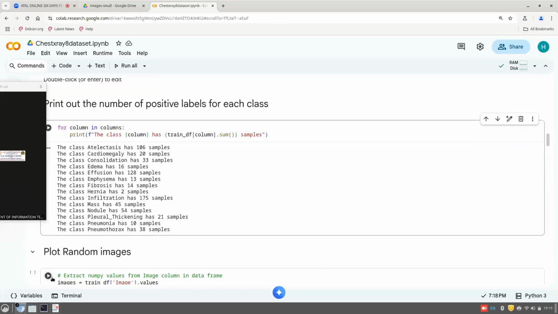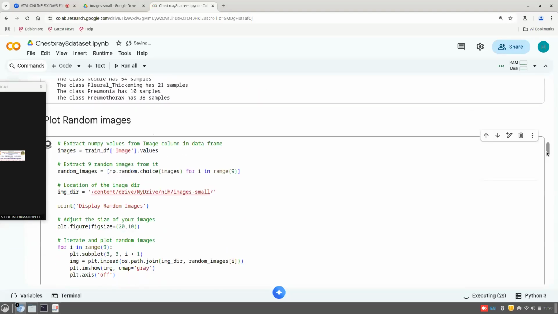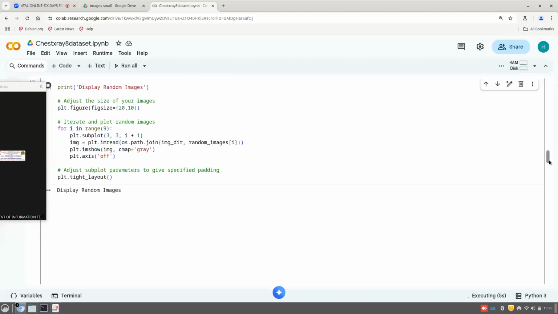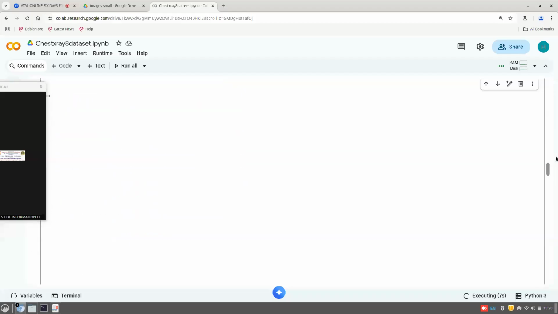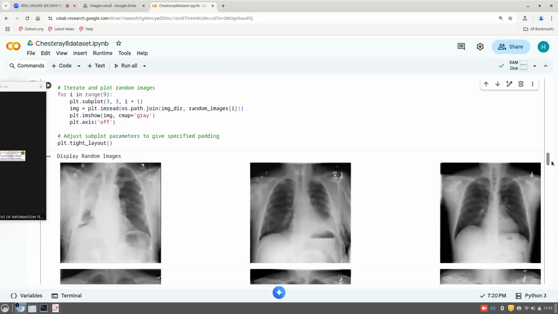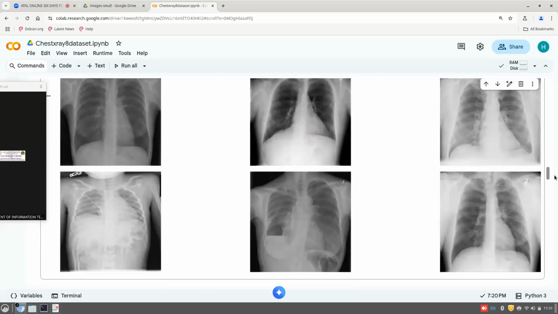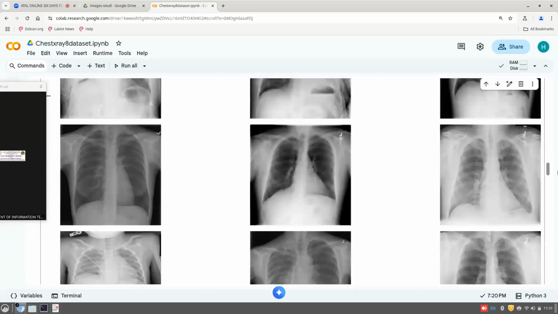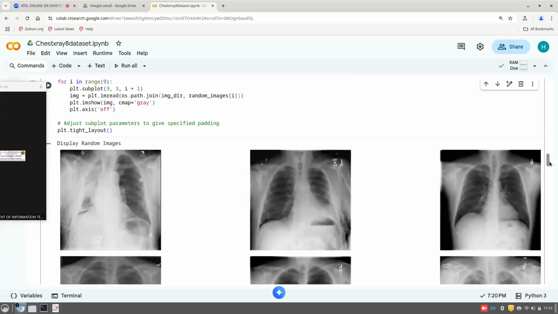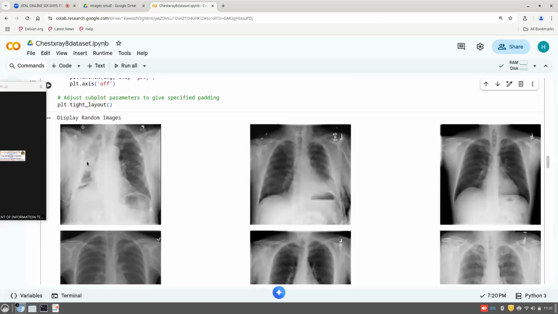So I can plot random images from the dataset just for understanding. These are the different images in the dataset. Some of them are normal, some of them are abnormal, with support devices and all those things present.